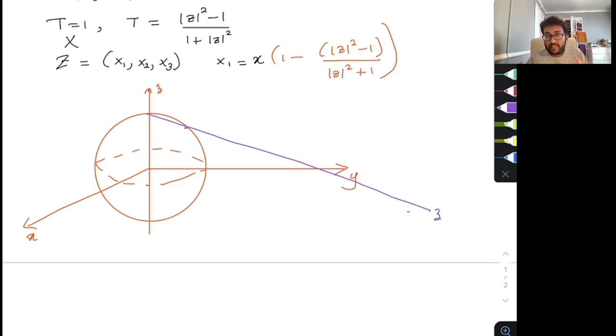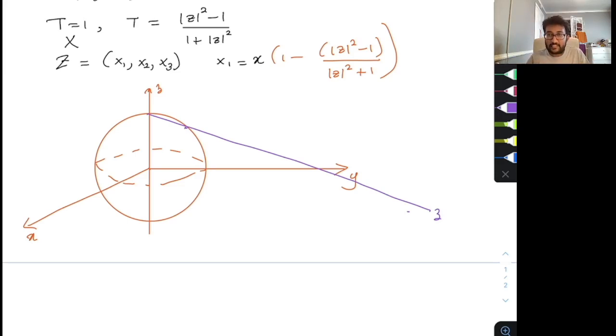By thinking in that way, you can have an idea about what will happen at z equals infinity. When you go far and far away in the complex plane, you are getting closer and closer to the North Pole, and at infinity you are at the North Pole.